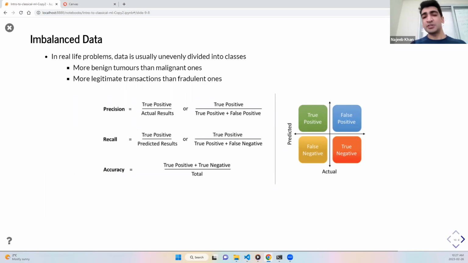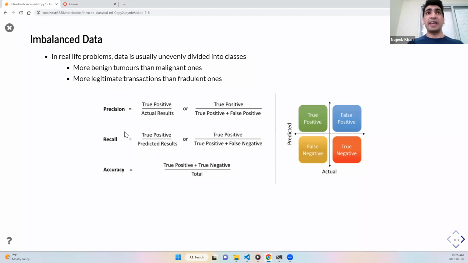Let's say 99% of the data is benign and 1% is malignant. If your model always says the output is benign, then your model's accuracy would be 99%, which is misleading because that model is of no use.